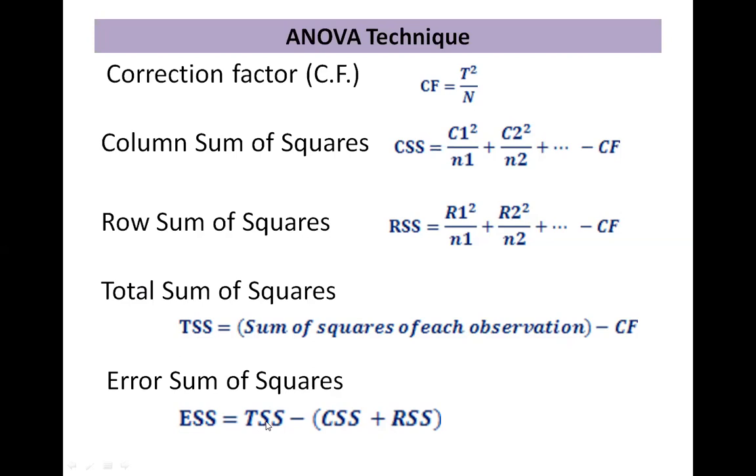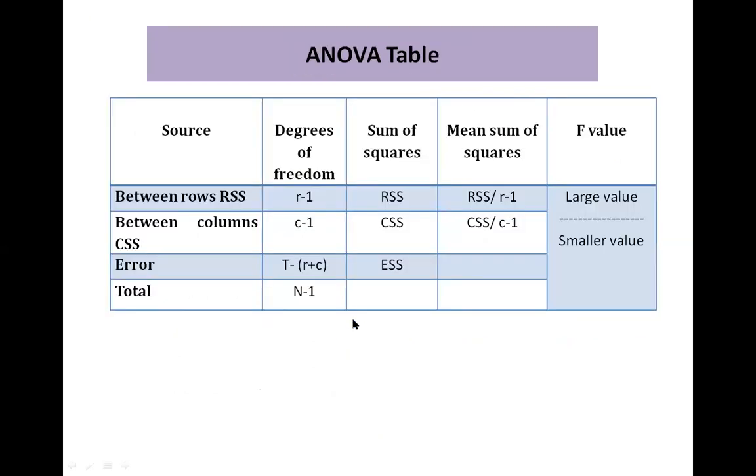Then all these values we put in a systematic table, that is, sources of variation, degree of freedom, sum of squares, mean sum of square, and then we calculate the F value and compare this F value with the table value given by the statistical table.